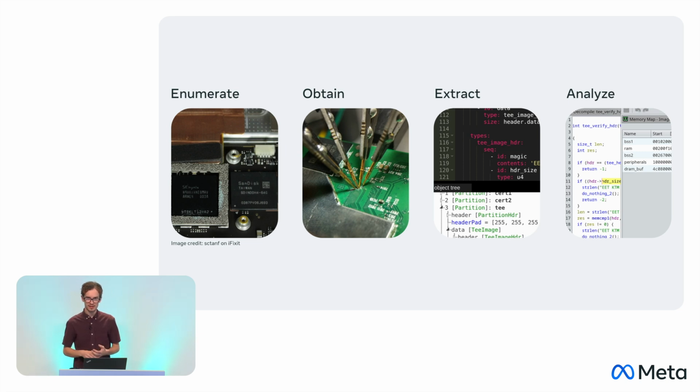So extract is saying, how do I get this firmware blob of unknown format into something I recognize, into code? And then analyze is what you're probably familiar with, native reversing on Windows or Linux, where you just load it up into your static analysis tool and start reading code.